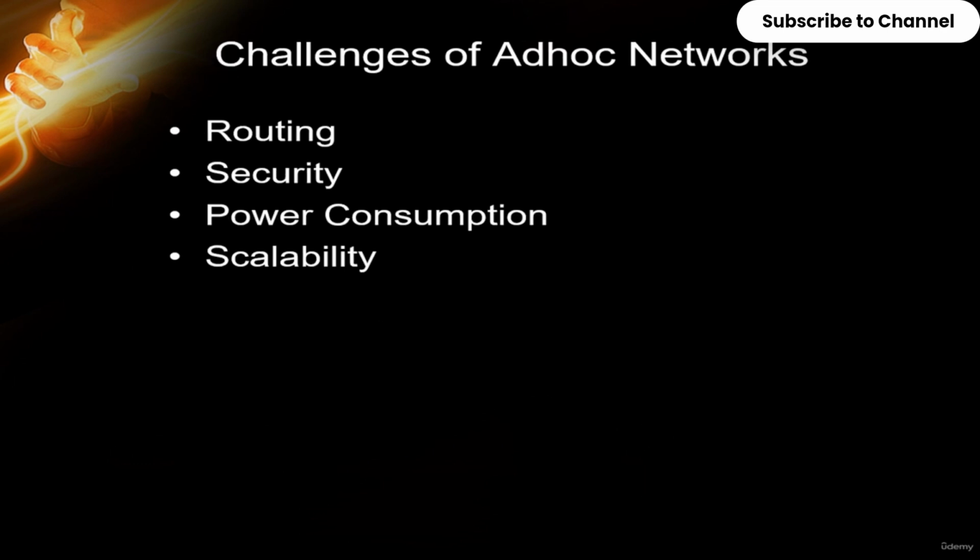Next, what are the challenges of ad hoc networks? There are various challenges, but here only four are listed. Routing is a big challenge in ad hoc networks. Why? In multi-hop networking, whenever a node wants to communicate with a node outside its range, the routing will be tedious.